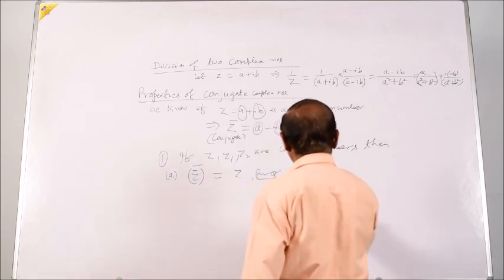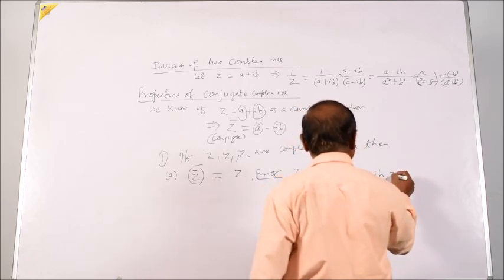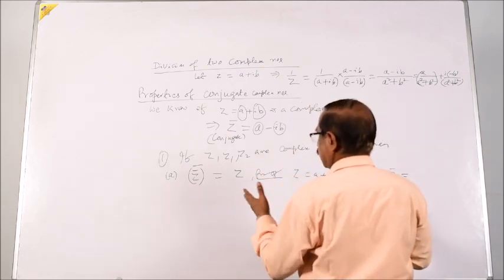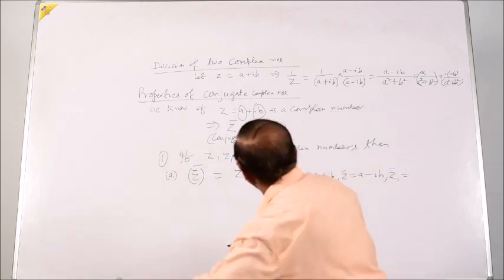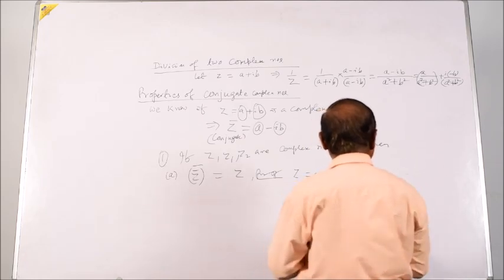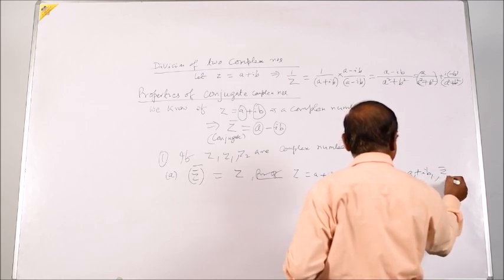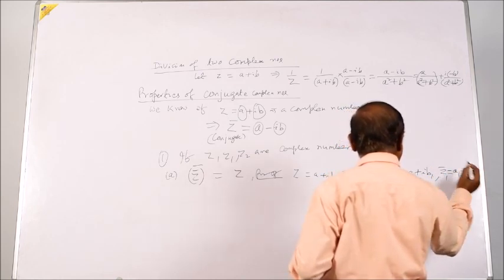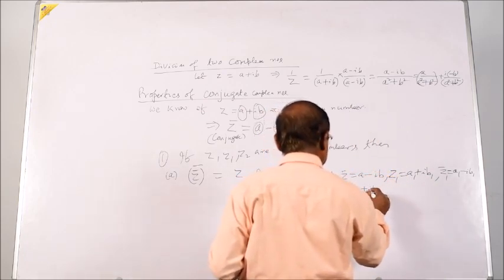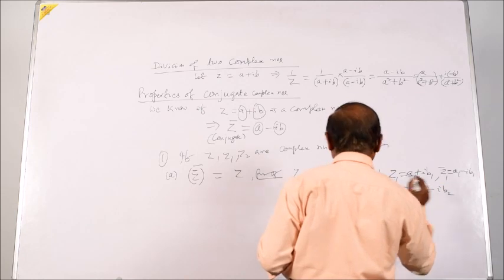Z is A plus IB, Z bar is A minus IB. Let us take Z1 also, let us declare Z1 is A1 plus IB1, Z1 bar is A1 minus IB1, Z2 is A2 plus IB2, Z2 bar is A2 minus IB2.